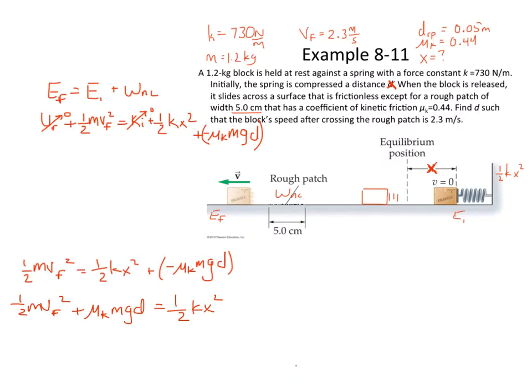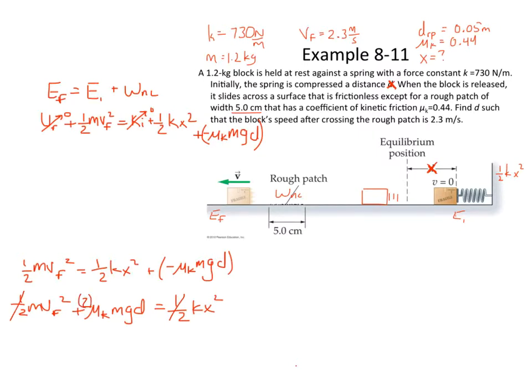Okay, we're getting there. It'd be great if we could cancel out all these 1/2s, and we can by multiplying everything by 2, but that means there has to be a 2 out front right here. This doesn't have a 1/2 in front of it, so a 2 comes out front.